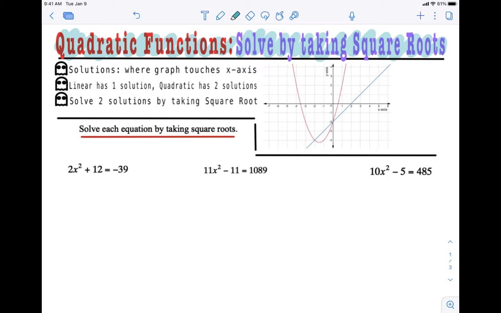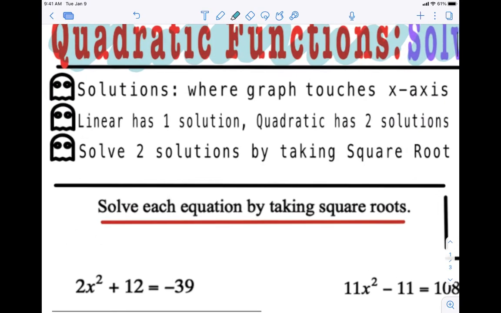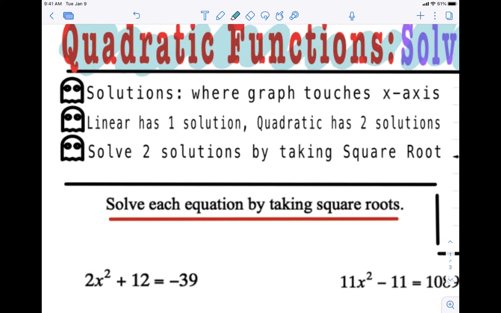Okay? So a few things that we must see here before we get started is, okay, our solutions are where the graph touches the y-axis. Okay, I'm going to show you in a couple seconds what that means.